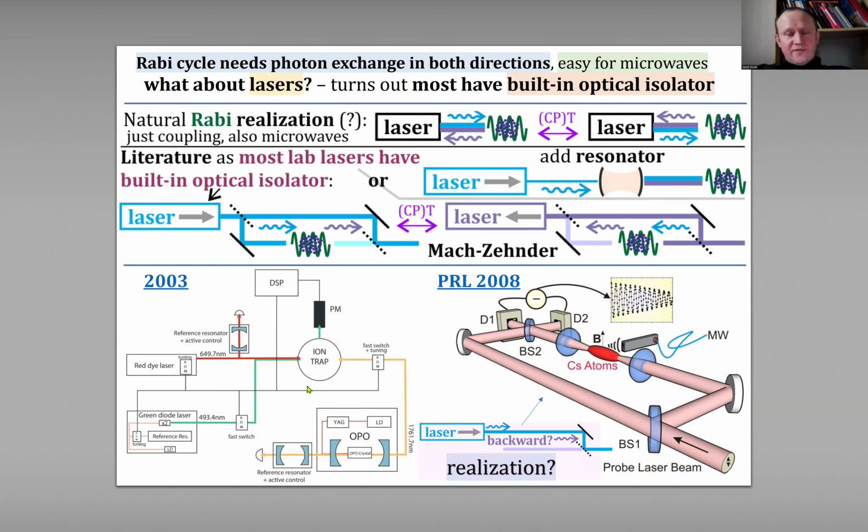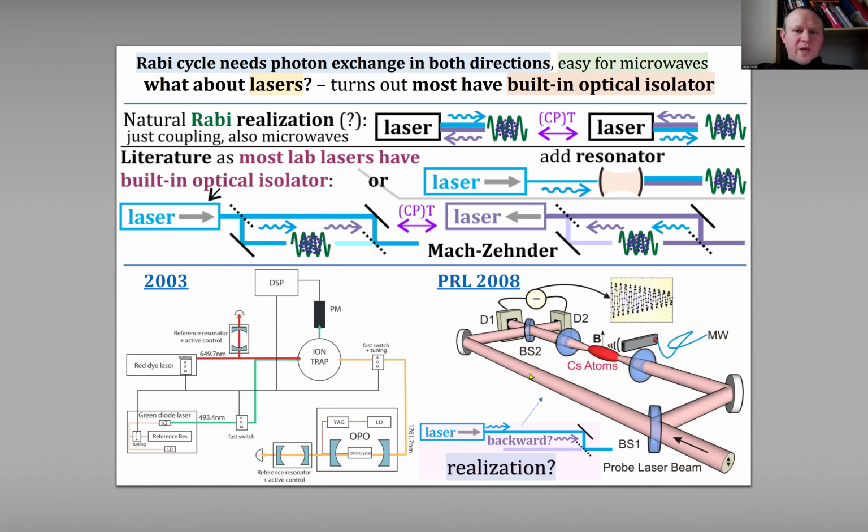One approach is like here, with an additional resonator. In this simplified situation, a laser with an optical isolator pumps the resonator, and the proper Rabi cycle is between this resonator and the tiny resonators of atoms. So here is the main Rabi cycle, while the laser only pumps this resonator.